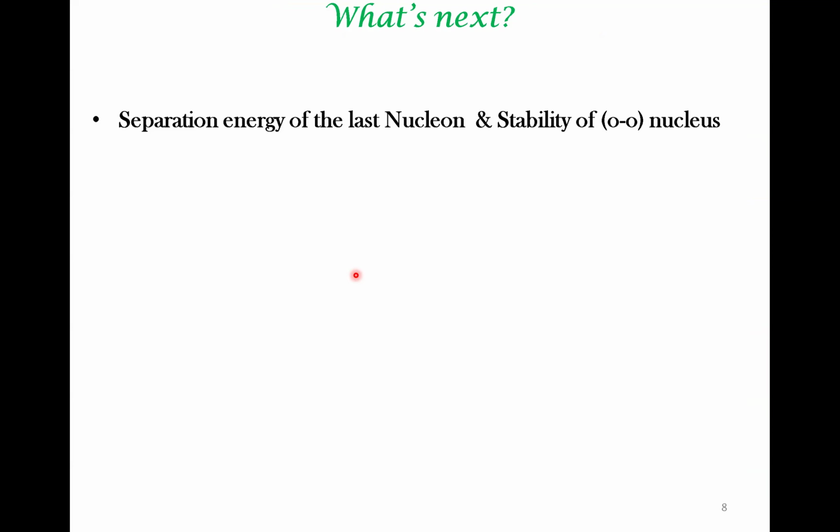All these kinds of experimental facts help you build models, and we will present these models in the next few lectures. So right now we are just presenting the experimental features, which are going to help us in building the models. Thank you.